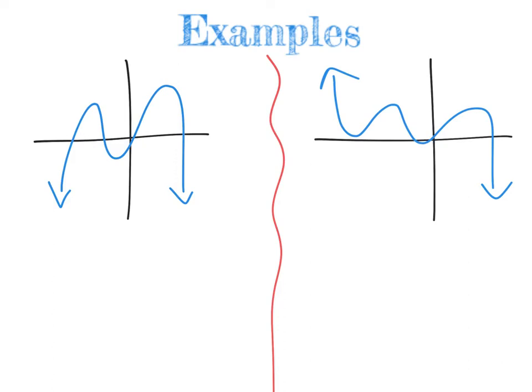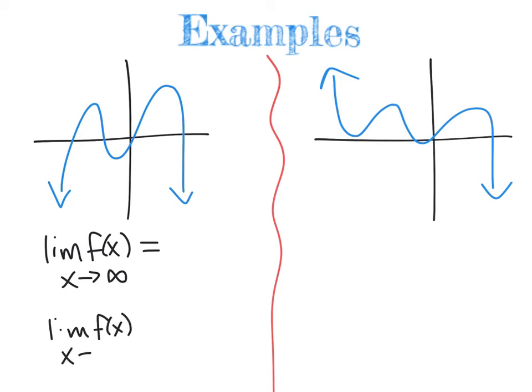So let's say that my first notation looks like this. I have the limit of this function as x goes to infinity, and the limit of the function as x goes to negative infinity. Now, infinity is the right side of the graph. What is the function doing?